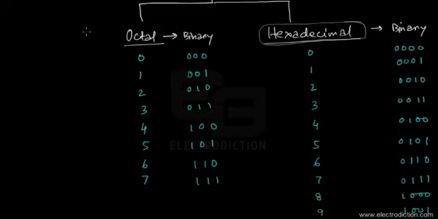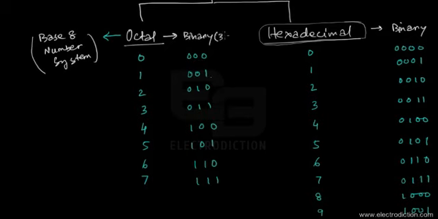There are 8 digits in all, from 0 through to 7, and for each of these digits there is a binary code. All the binary codes here consist of 3 bits only.